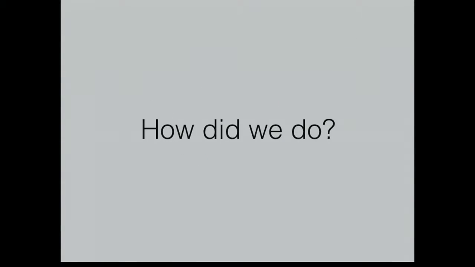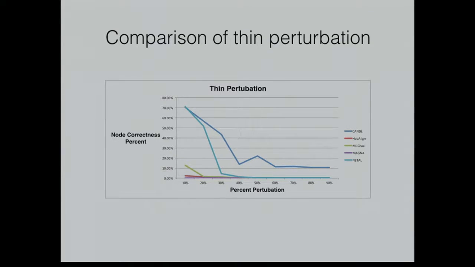And so how did we do? We ran it all the way to the end, just to see how it behaves. You can see we drop off pretty quickly, as does everyone else. I want to point out that many of the competing methods are meant to be run with sequence or with additional information. This is structure only, so this is not necessarily how you would run these competitors.